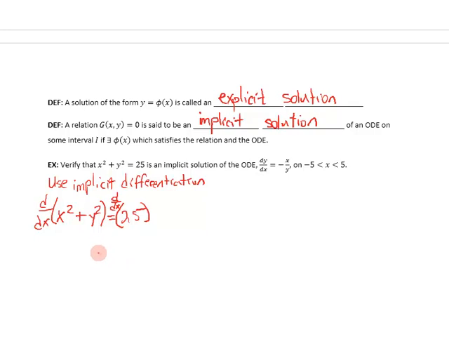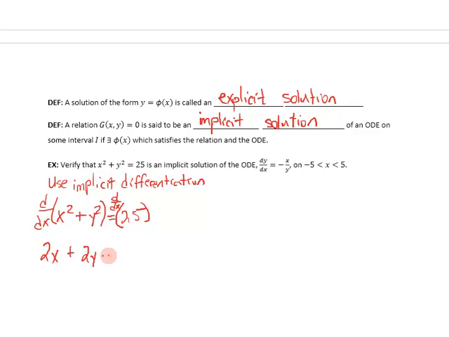Although it was addressed again in Cal 3, so you've seen this before. Now, taking the derivative with respect to x means that when you've got just x's, you just do the derivative like normal, so 2x. When you have y's, you've got to do the chain rule. So the derivative of y squared is 2y times the derivative of what's inside. Now, why do we have to do the chain rule? It is because y is assumed to be some function of x.